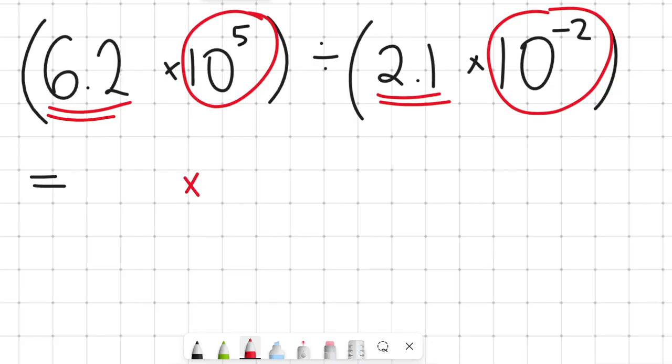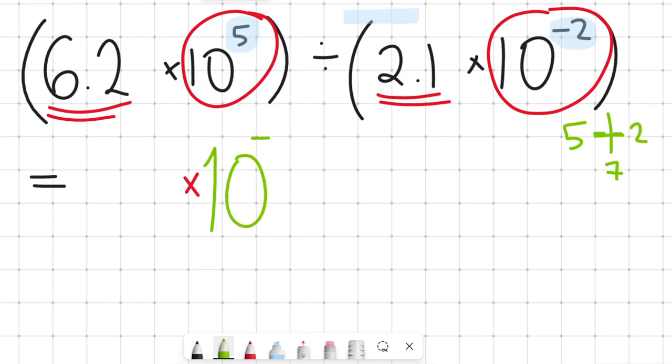Let's do that first. When it's division, we know that we have to minus the exponents. So 5 minus minus 2 is basically 5 plus 2, so it will be 7. So 10 to the power of 7, right?